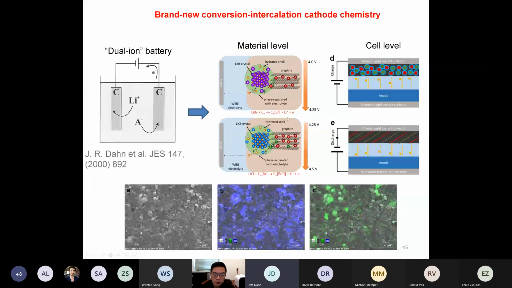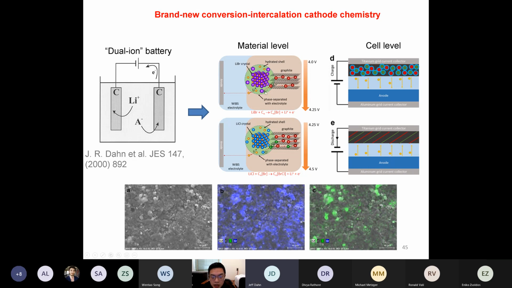People will actually compare this chemistry to dual-ion batteries. It actually happens a lot during the reviewing of papers. For the dual-ion battery, at the anode, lithium ions intercalate into the graphite, and you have anions intercalating into the graphite at the cathode, right?